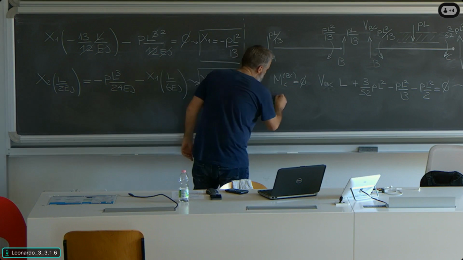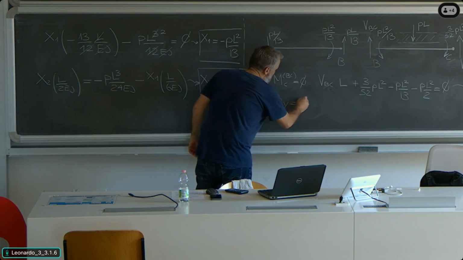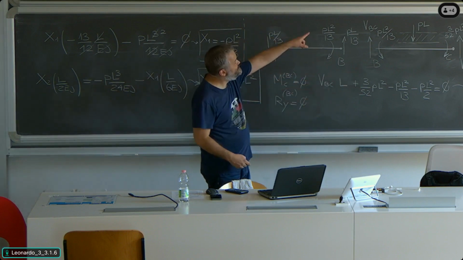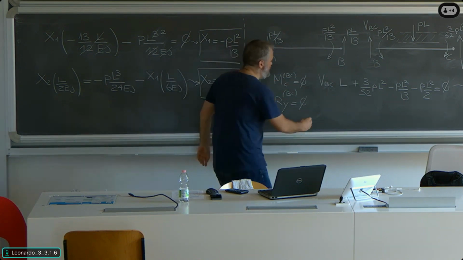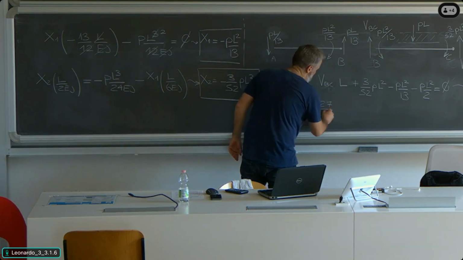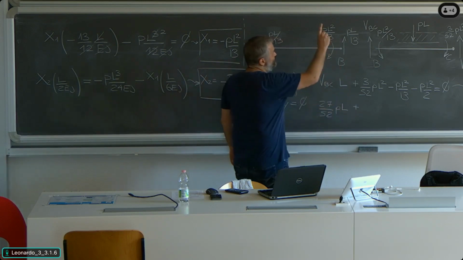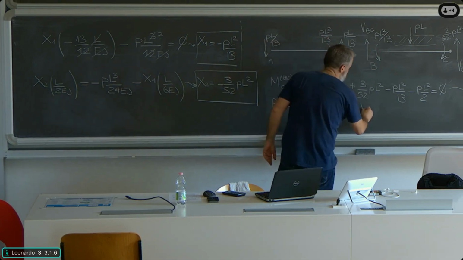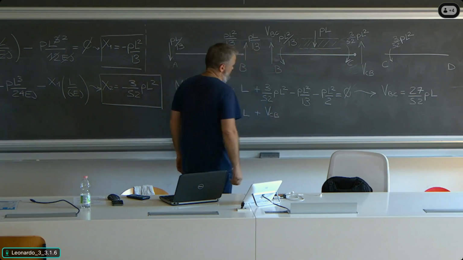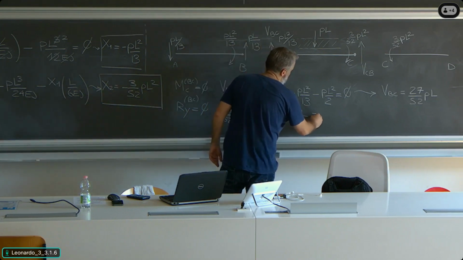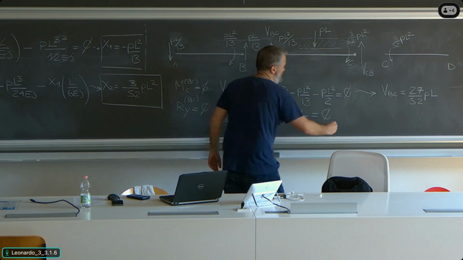How do we work it out? Ry equal to 0 with reference to BC basically tells us that VBC, which is upwards, 27/52 PL, plus VCB pointing upwards at the second end, minus PL, who is the resultant force of the distributed load, should be equal to 0.